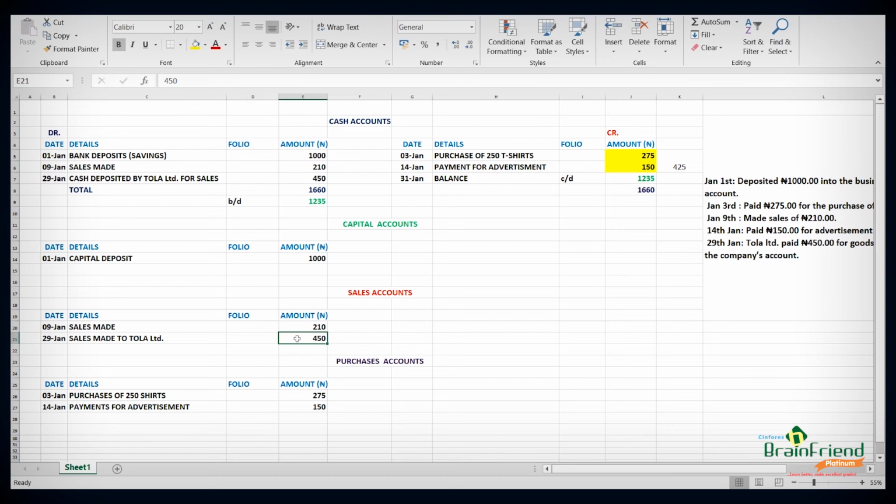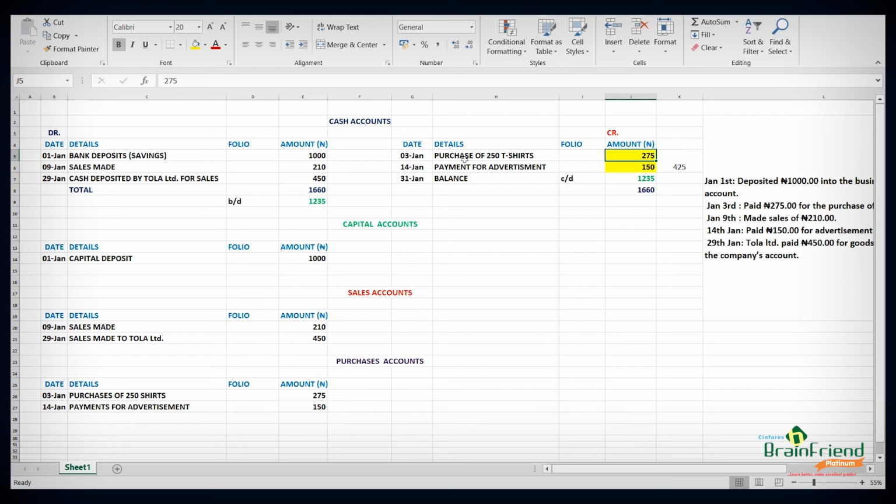And then lastly, what do we capture under the purchases account? That can only be: number one, the purchase of 250 t-shirts, which was for 275 naira, and then payment for advertisement. That means you purchased rights to advertise, maybe in a newspaper, a magazine, a radio station, a television station. So you purchased something.